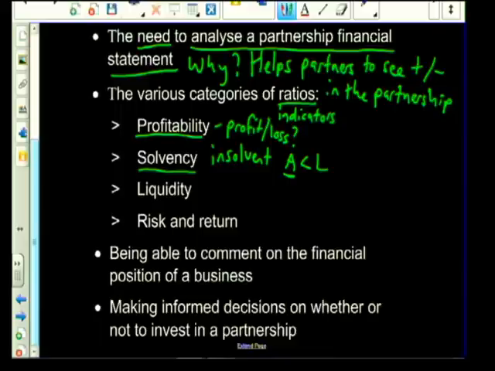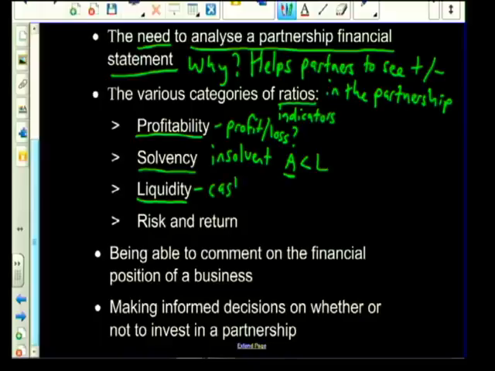Then our next one, which sounds a bit like physical science for those of you that do physical science, is liquidity. It has nothing to do with solids, liquids, and gases, but it has to do with the cash flow of the business. In other words, is there enough cash coming in that will let the business meet its short-term debt?